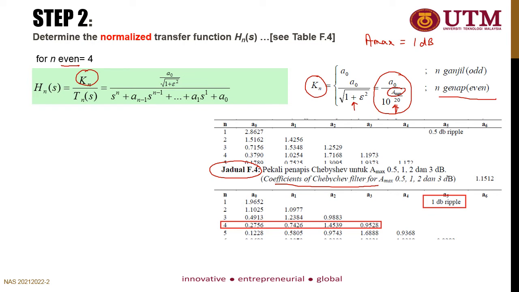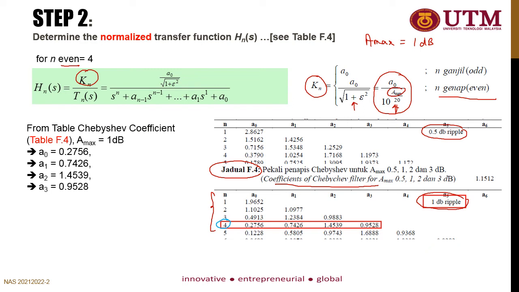Please look at this column for 0.5, and the second row for 1 dB. So make sure you refer to the correct lane. And in this case you have your N equal to 4.